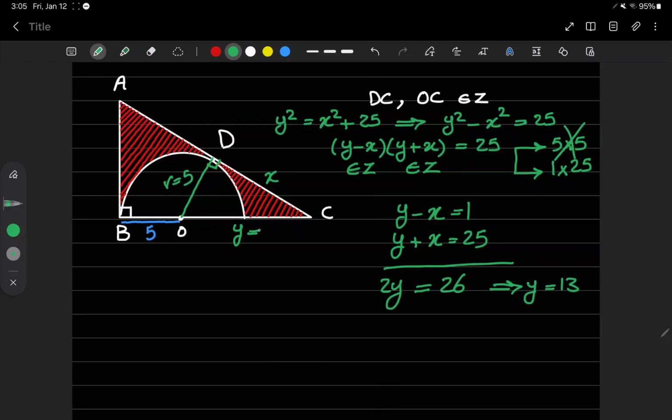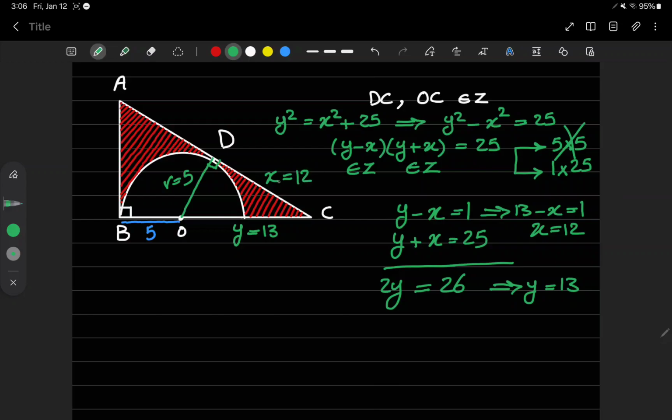Okay, so let's add it here. Y is equal to 13. If Y is equal to 13, based on this, we have 13 minus X equal to 1, and that means X is equal to 12. Okay, so X is equal to 12.